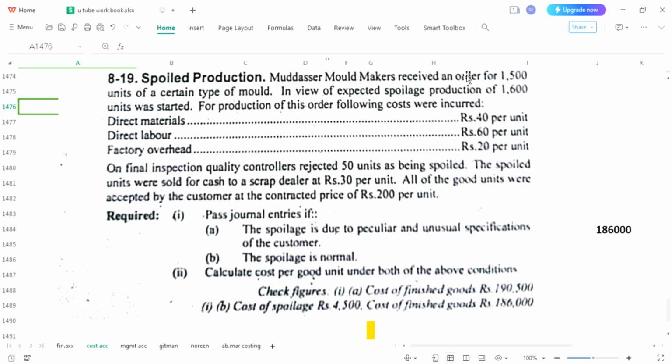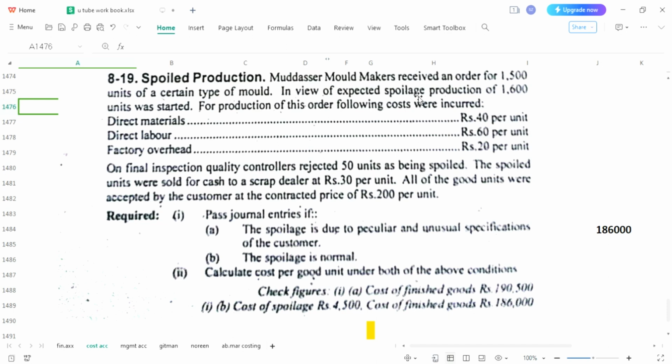Here you can see, received an order of 1500 units. In view of expected spoilage, usually factories, manufacturing concerns, are already mentally prepared that spoilage loss is possible. No matter how good care they are taking, no matter how good equipment they are using, no matter how well-trained labor they are using, even then there would be a possibility of spoiled loss.